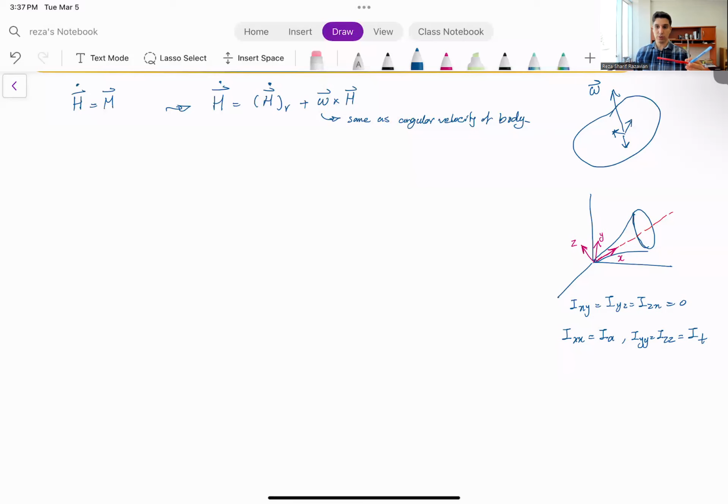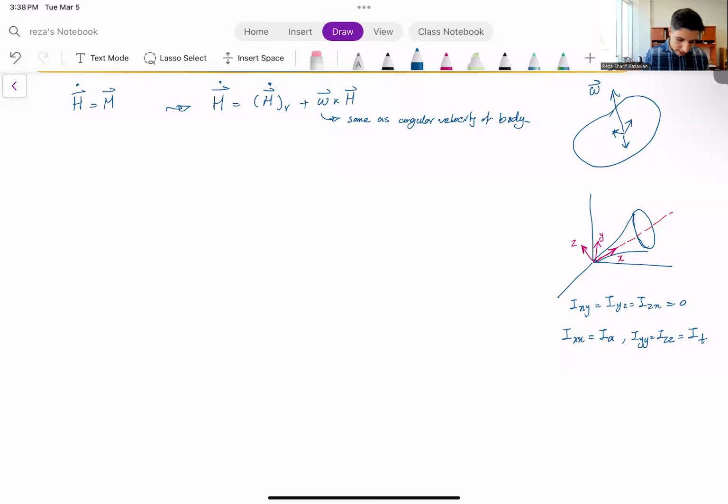Now what I can do is allow essentially for the body to spin about the x-axis without me rotating my xyz axis. So this additional degree, kind of not degree of freedom, but possibility of the body rotating about the x-axis is what makes this formulation different.